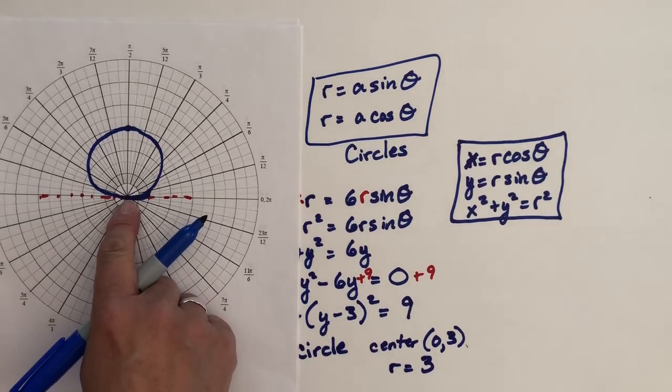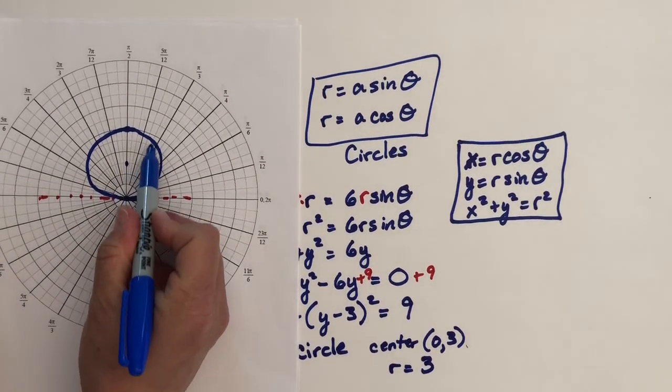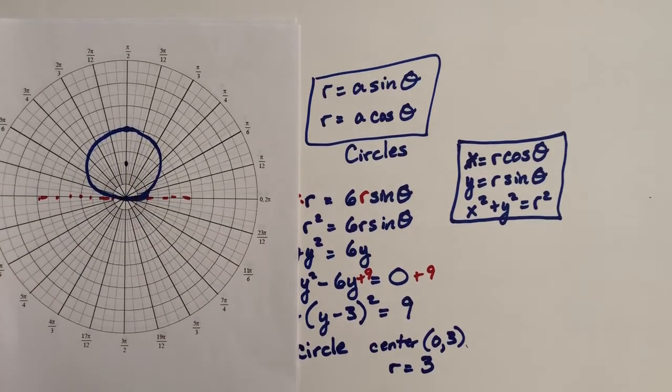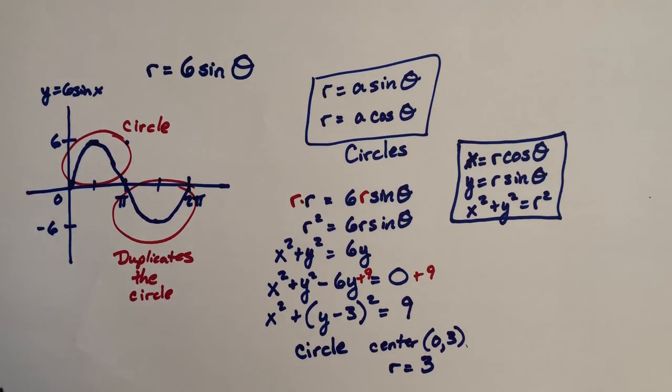Center in our rectangular coordinates right here at (0, 3), and notice the radius is 3. Alrighty. Now I hope you can go graph some rose curves and some circles.